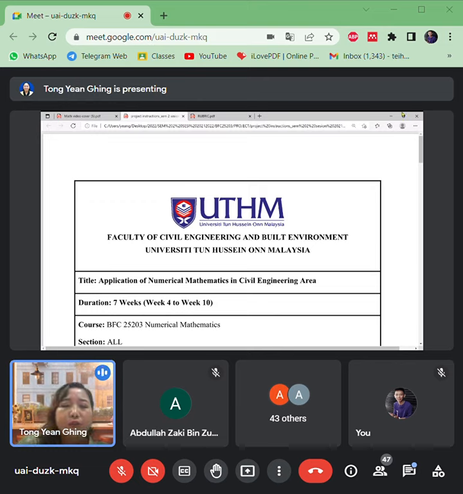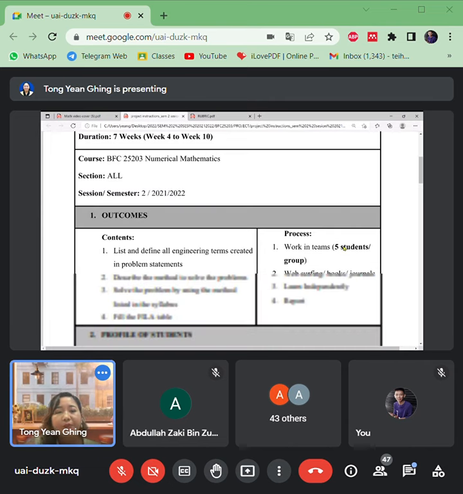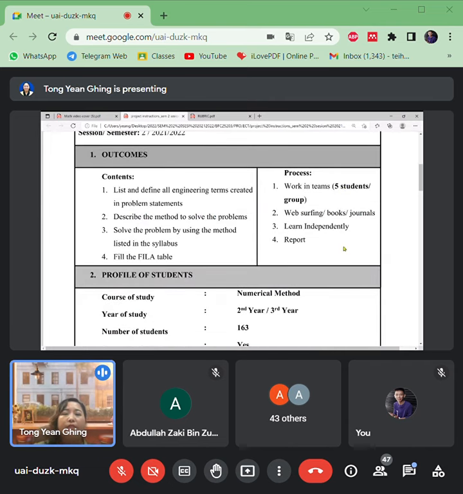Okay, so the outcomes: list and define all the engineering terms and create a problem statement. You have to describe the method that solves the problems, and also solve the problem by using methods listed in the syllabus.